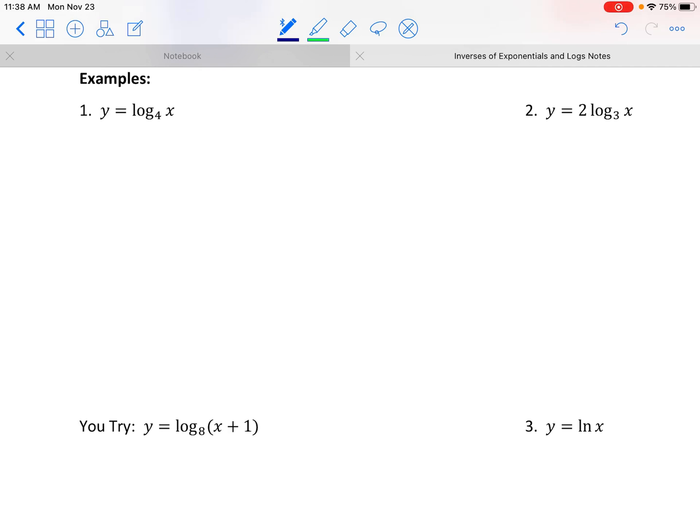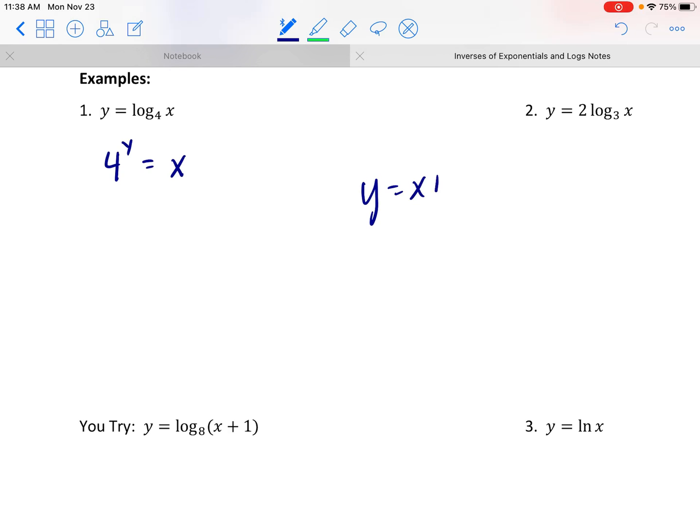So in exponential form, this would be 4 to the x power, just kidding, 4 to the y power equals x. The base is the base, and the exponent here is the answer. So it's 4 to the y power equals x. So I've solved it for x.